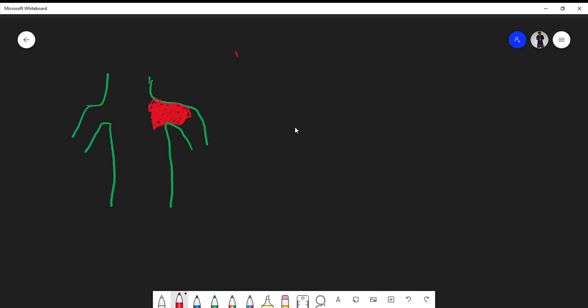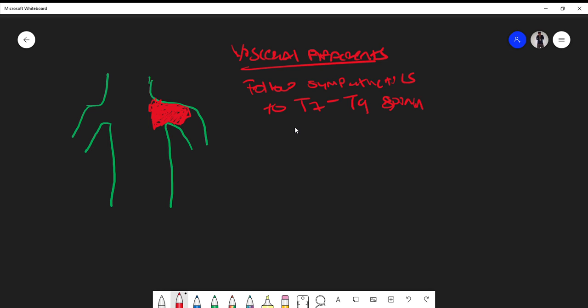So the visceral efferents from the gallbladder actually follow sympathetics. These follow sympathetics to the T7, T9 spinal segments. So these are the spinal segments.